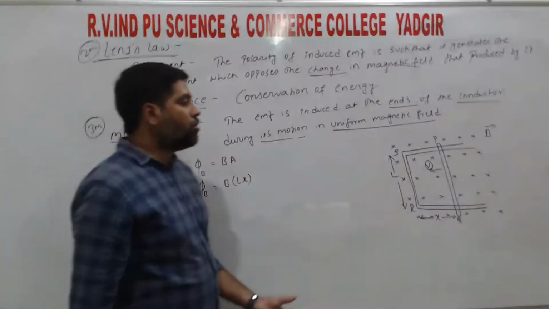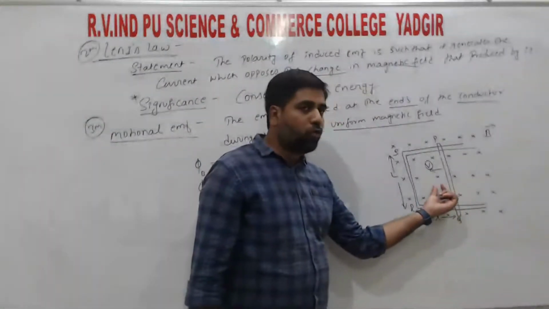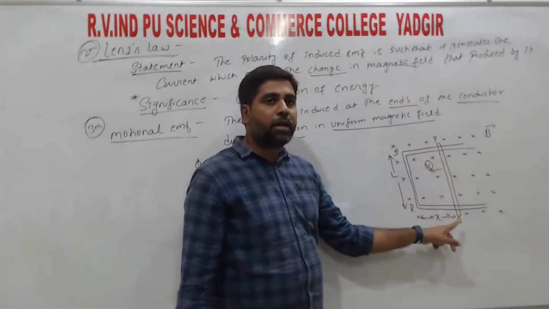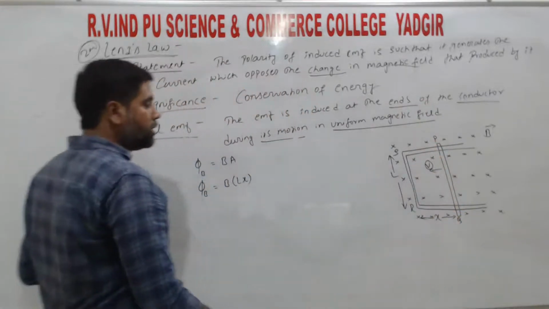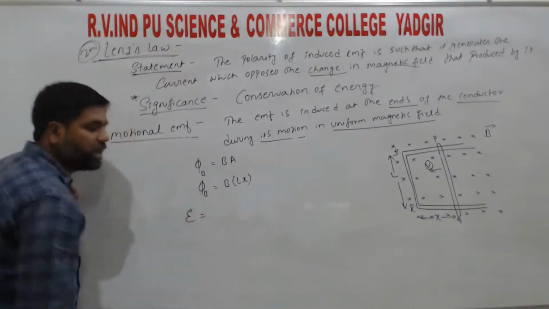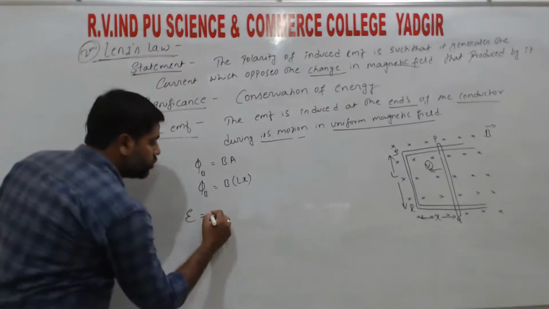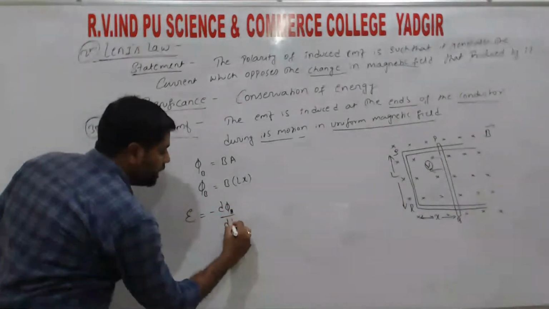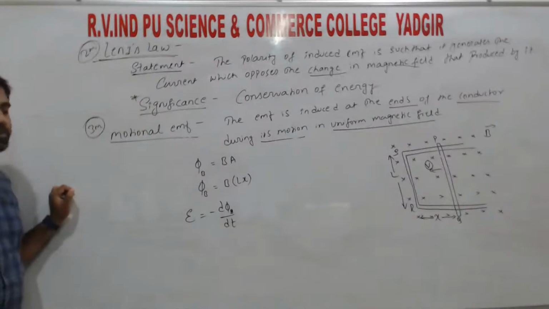So now when the conductor is moving, from the definition, EMF is induced at the ends of the conductor, and that is given by Faraday's law: the induced EMF E equals minus d phi B by dt, right?